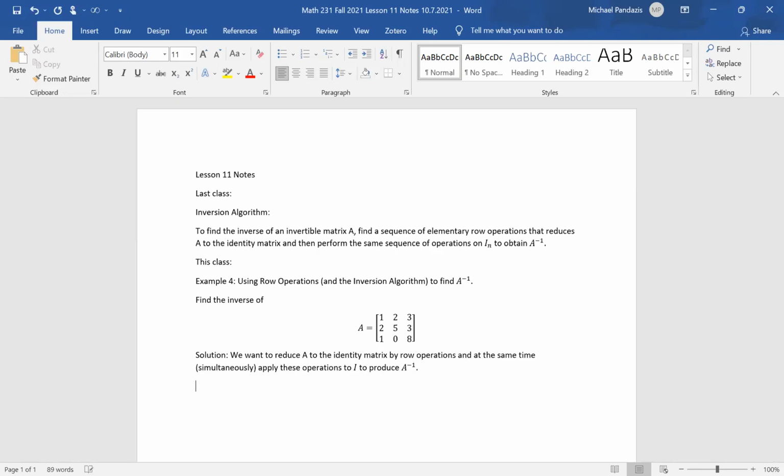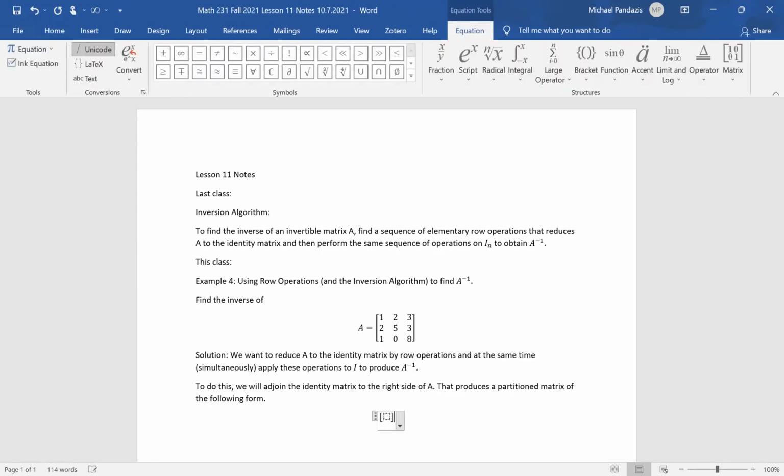To do this, we will adjoin the identity matrix to the right side of A. That produces a partitioned matrix of the following form.